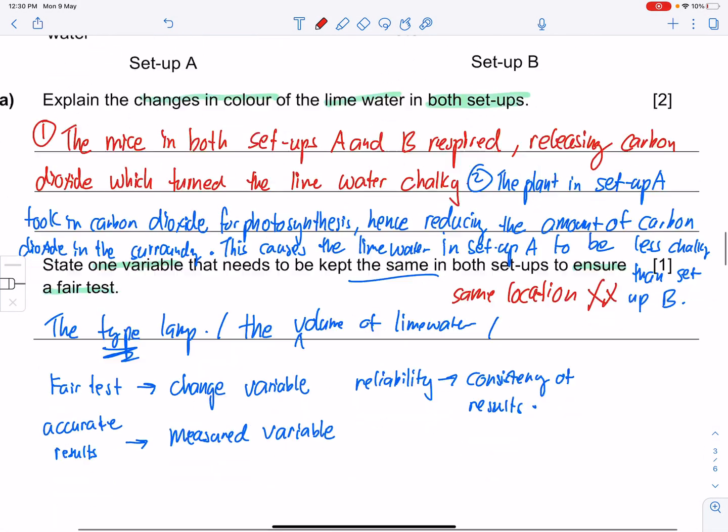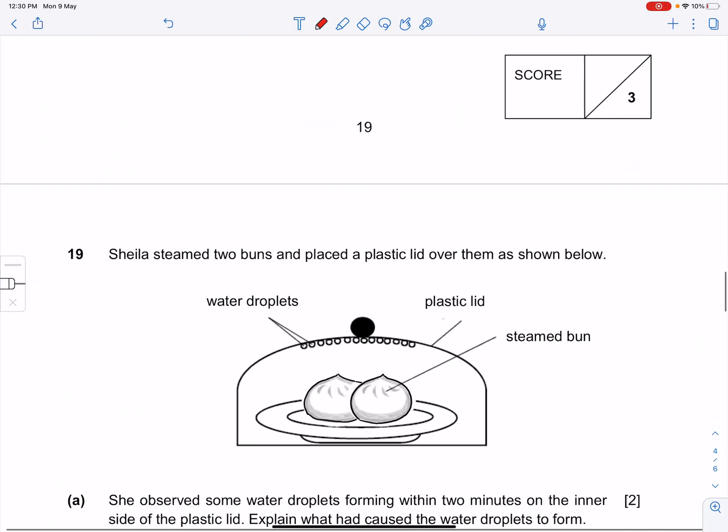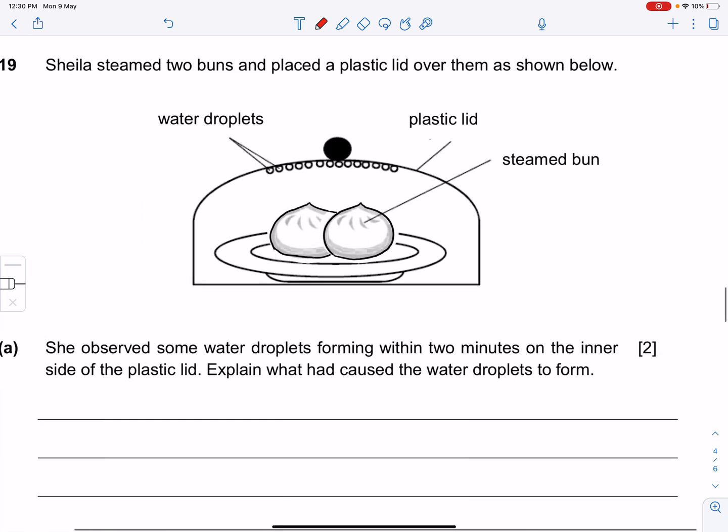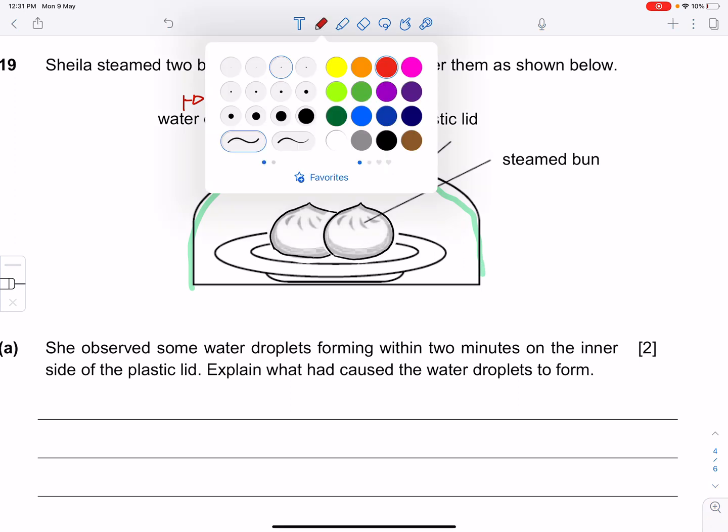Next. Now, this is also an extremely common question. One look at it, I see this word, water droplets. It signals to me that condensation has happened. And because the water droplets are found on the lid of it, it signals to me that the lid is the cooler surface.